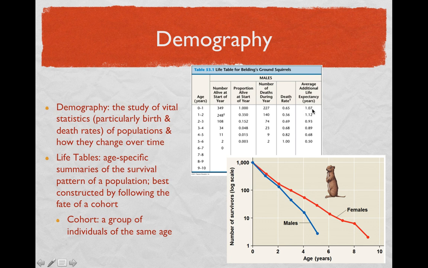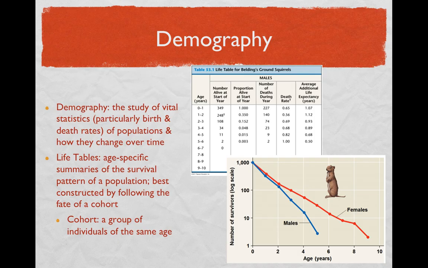So at that particular point, your average life expectancy is relatively good. We increase it if you make it between 1 to 2 years, and then as you get older, all right, that decreases again. And what you're really doing with these life tables is summarizing your survivor patterns.